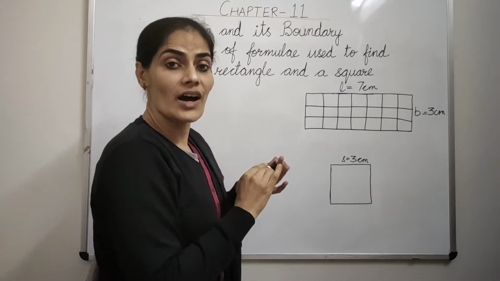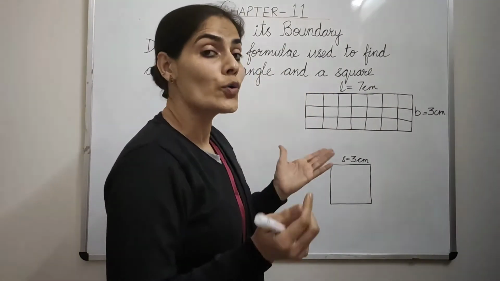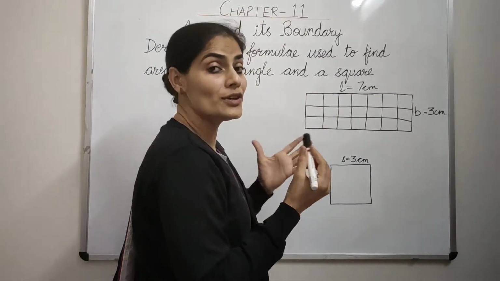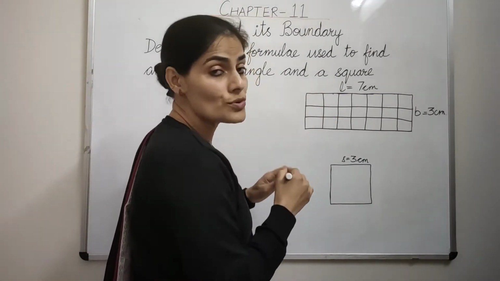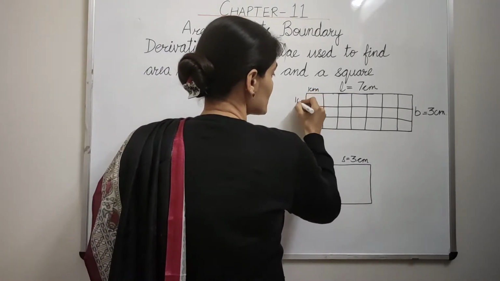So this is how I have drawn the unit squares within this rectangle. How am I going to find the area? By counting each unit square. Unit square means a square whose each side is of 1 centimeter, like this.